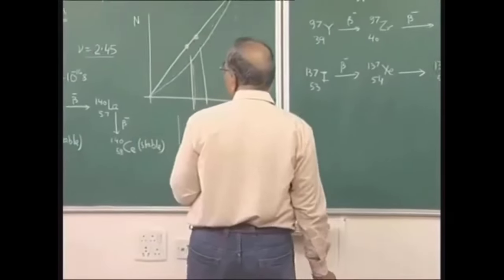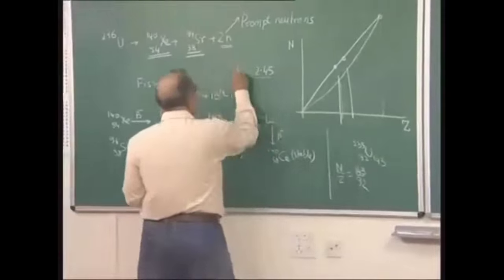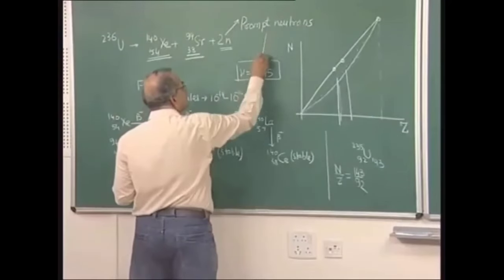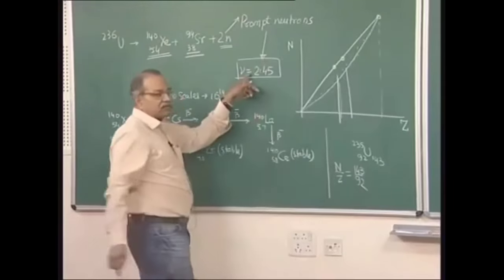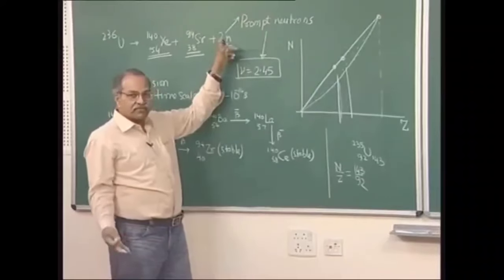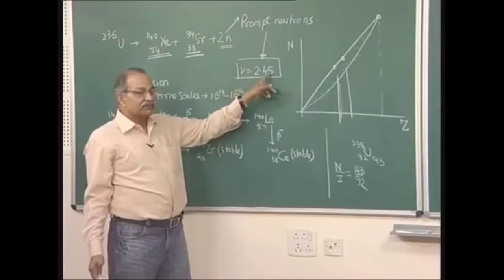So, this nu is 2.45 for the prompt neutrons per fission, sometimes 2, sometimes 3, on the average 2.45.